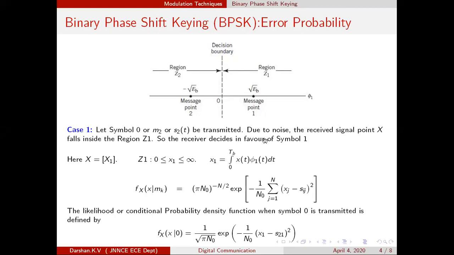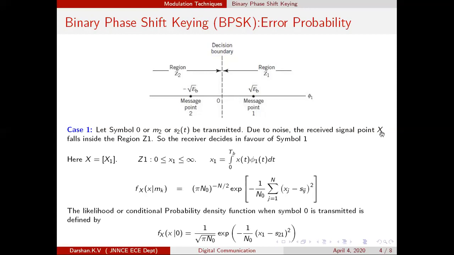Due to the effect of the noise, you got the received signal, and you converted the received signal to a vector. How would you convert the received signal to a vector? This is the equation. So you have converted the received signal to a vector and you have plotted. But what happened?